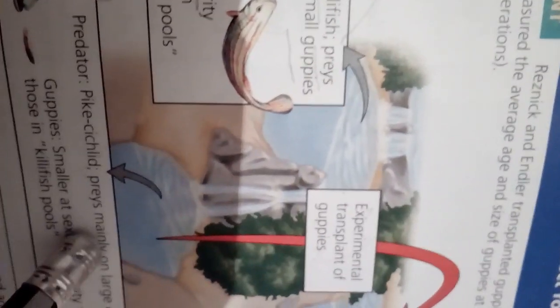Notice that. These variations were correlated with the type of predator most active on that population. In some pools, the main predator is the small killifish, which preys predominantly on juvenile guppies.